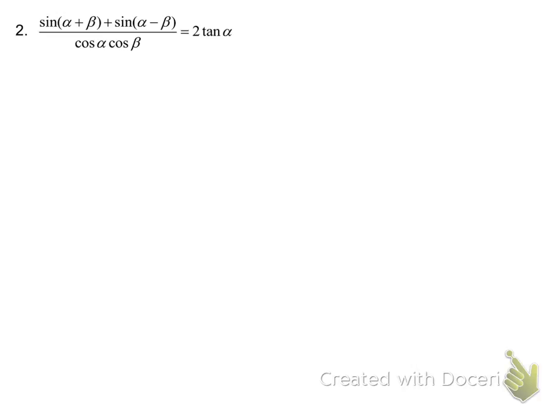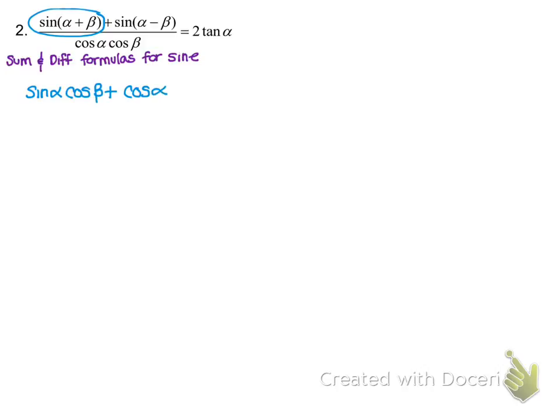Problem number 2, the first thing I noticed is in that numerator, we're going to use the sum and difference formulas for sine. So this part right here, sine of alpha plus beta, is sine alpha cosine beta plus cosine of alpha times sine beta.